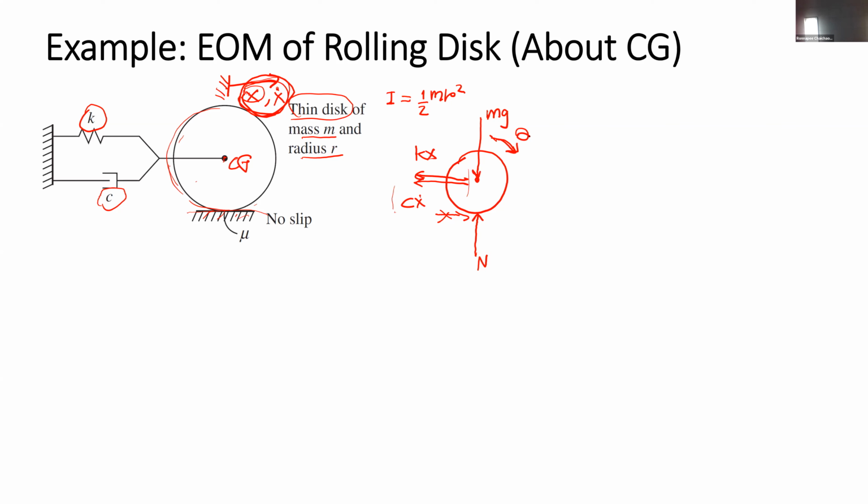And if it rolls without slipping in the clockwise direction, you should have the friction to the left hand side. So the friction is to the left hand side in this problem.